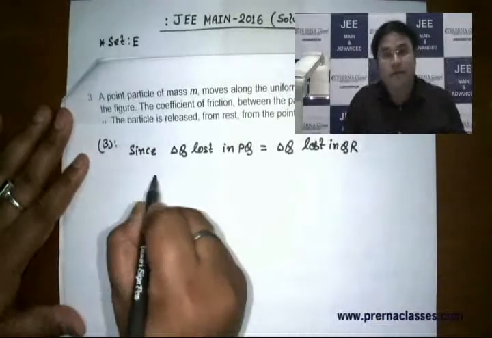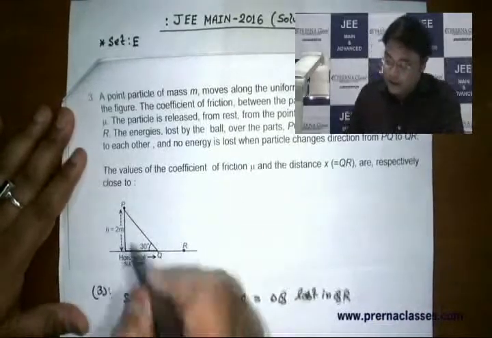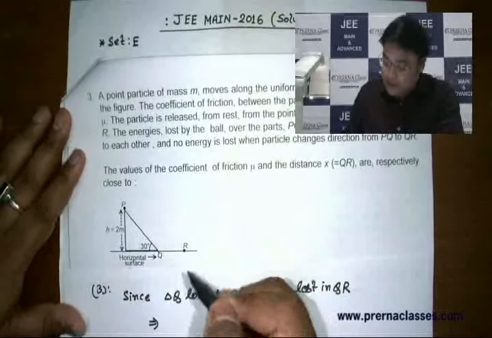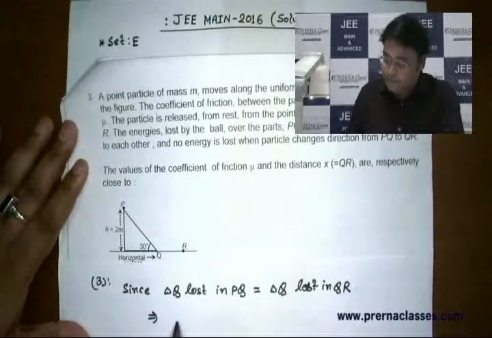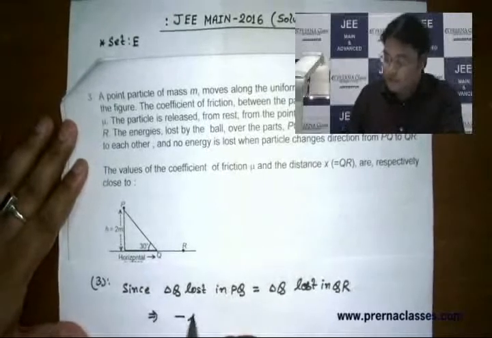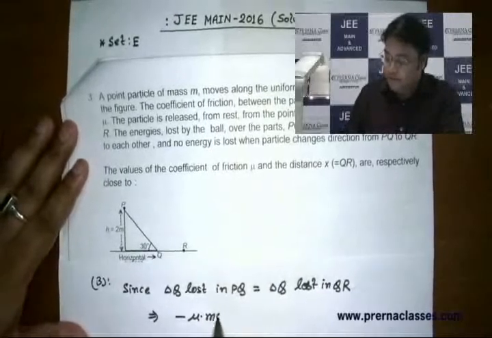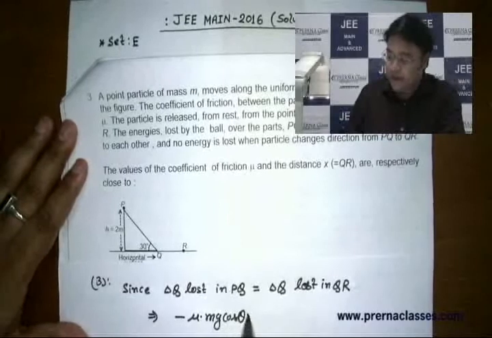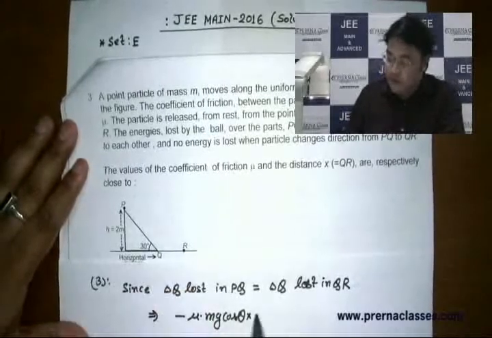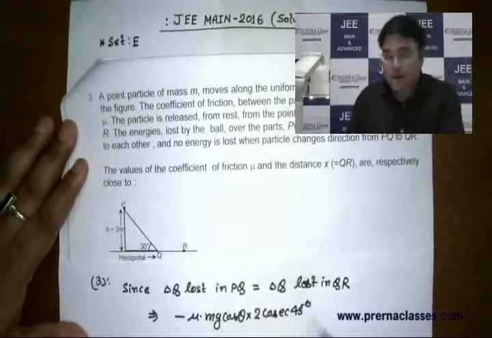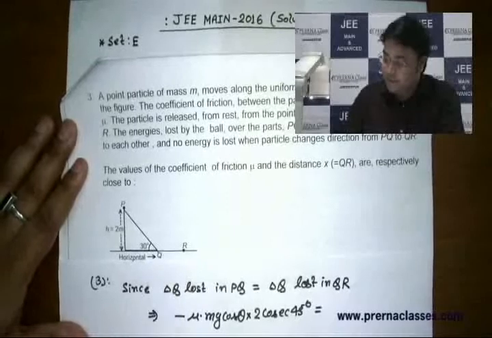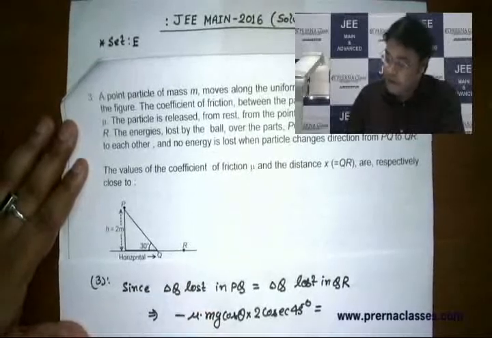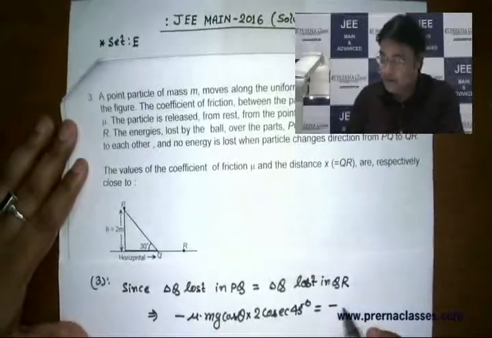The only dissipative force here is friction, so the energy lost here is minus mu mg cos theta into the distance, which is 2 cosec 45 degrees. Clear? And for Q2R, the energy lost is again the work done by friction, so it is minus mu mg into distance x.